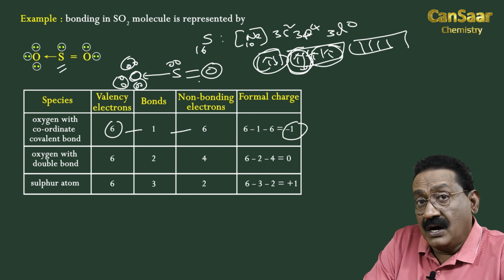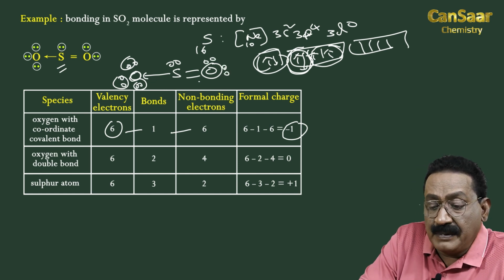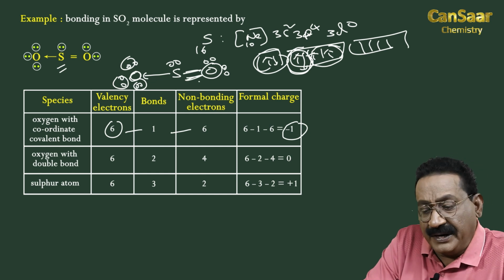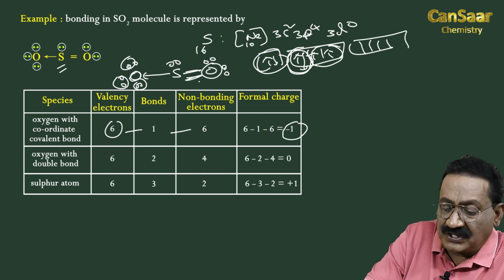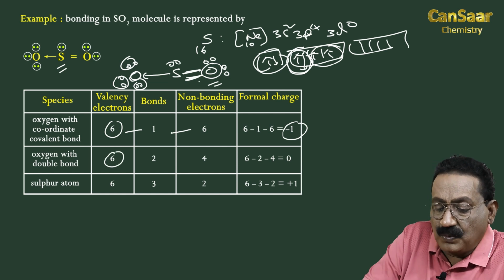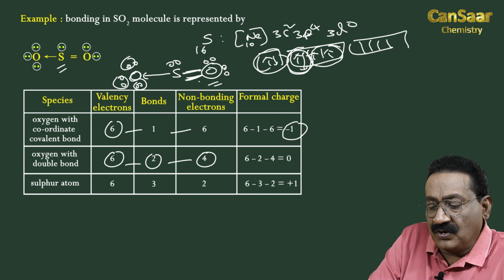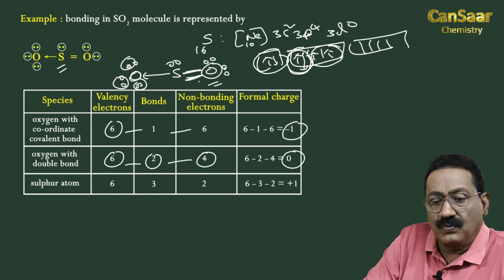Out of 6 valence electrons, 4 are non-bonding. The remaining 2 electrons participated in bond formation. So oxygen with double bond has 6 valence electrons forming 2 bonds and having 4 non-bonding electrons. 6 minus 2 minus 4 equals 0.